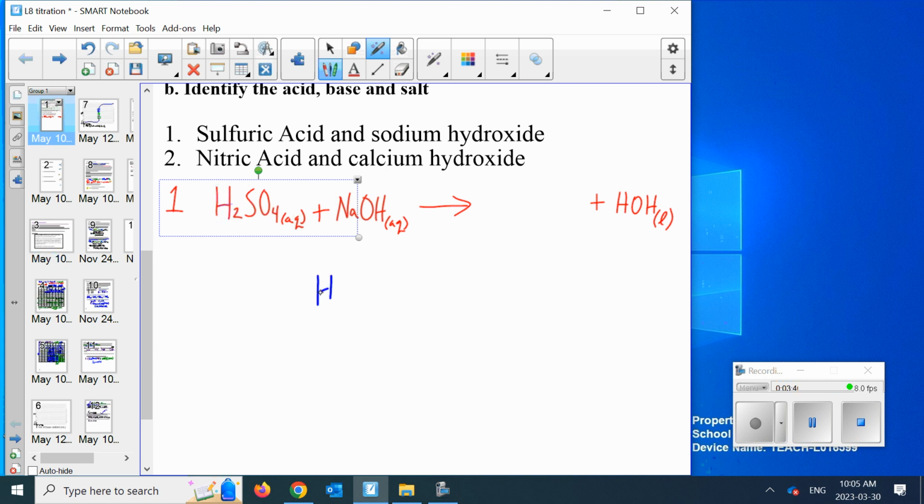HSO4 minus, with one H. Now, with the base, if it's a hydroxide, just get rid of the OH. You've got Na plus. What does Na plus do with the HSO4 minus? What's the combination? Say it out loud.